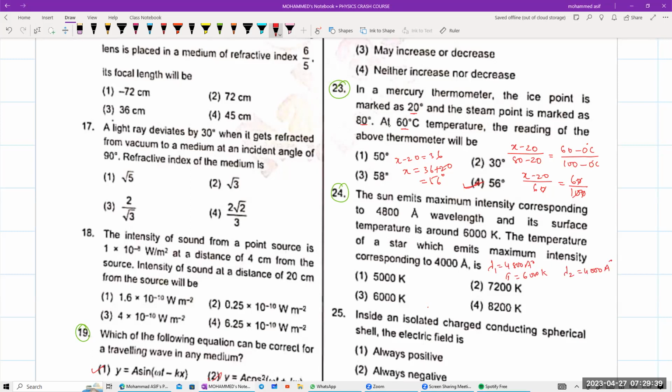The temperature of the star which emits the maximum intensity corresponding to, यानी lambda 1 दे रखा है, lambda 2 is given as 4000 angstroms. Maximum intensity matlab that will be equal to how much for me again? Temperature. The temperature of the star. So yani T2 is equals to how much?